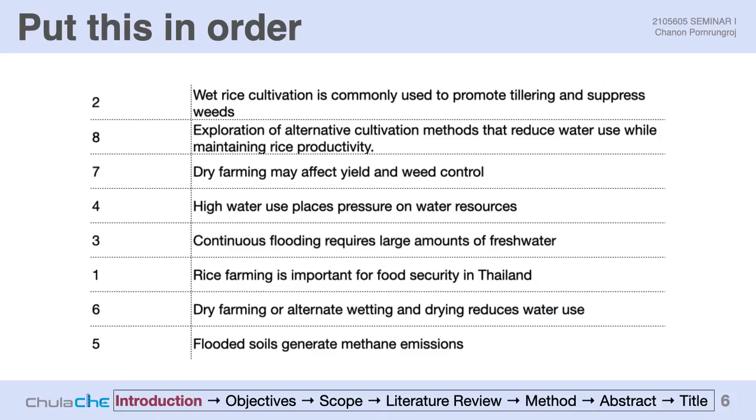And then what we're going to do is explore alternative cultivation methods that reduce water use while maintaining good yield, good product. That's the story I'm trying to show you, how you're going to tell it in your introduction. And this doesn't only apply to your thesis proposal, but also to your main thesis and when you write a paper as well.